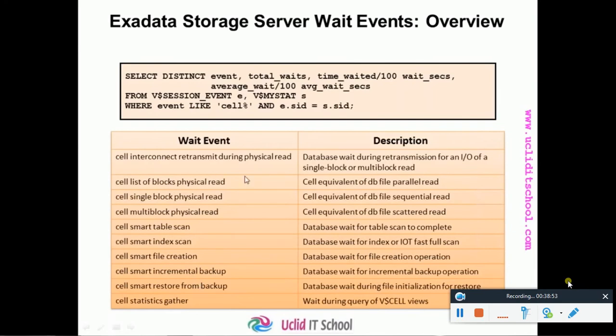This slide shows you the important wait events and their descriptions. In some of the lab exercises, we even use the wait events to understand where more of the time is spent inside the storage server. Okay.